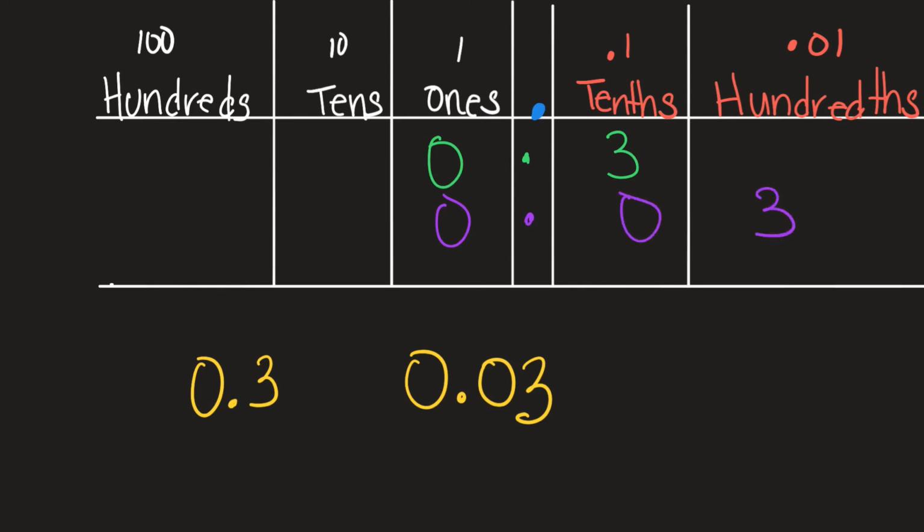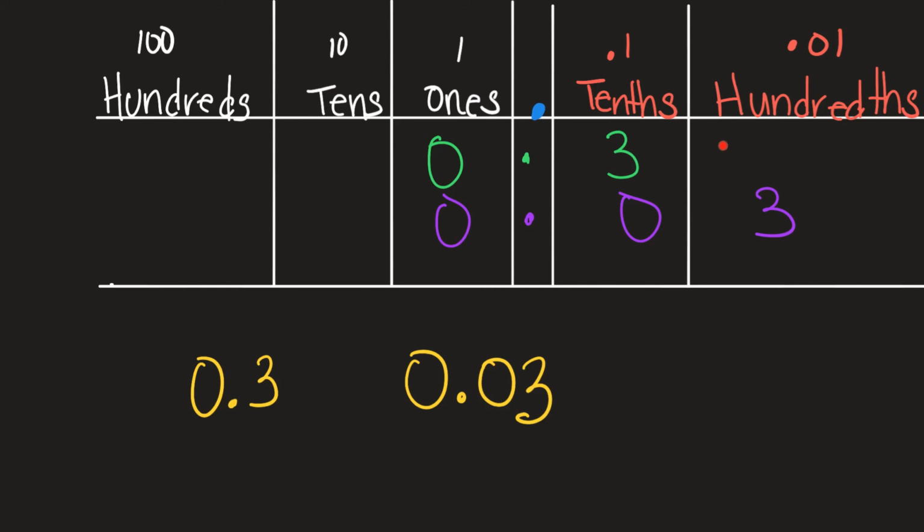Now this one is actually a little bit easier to compare, because once you put it in a place value chart, it's easy to see why one is greater. First of all, we can't do anything with the ones because they're both zeros. So we have tenths. We have 3 here, and then we have 3 here, and then we have 0 here.